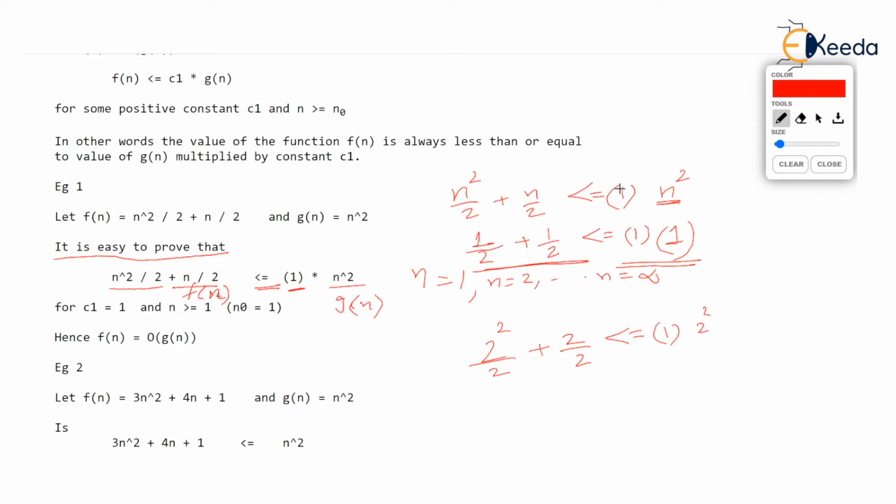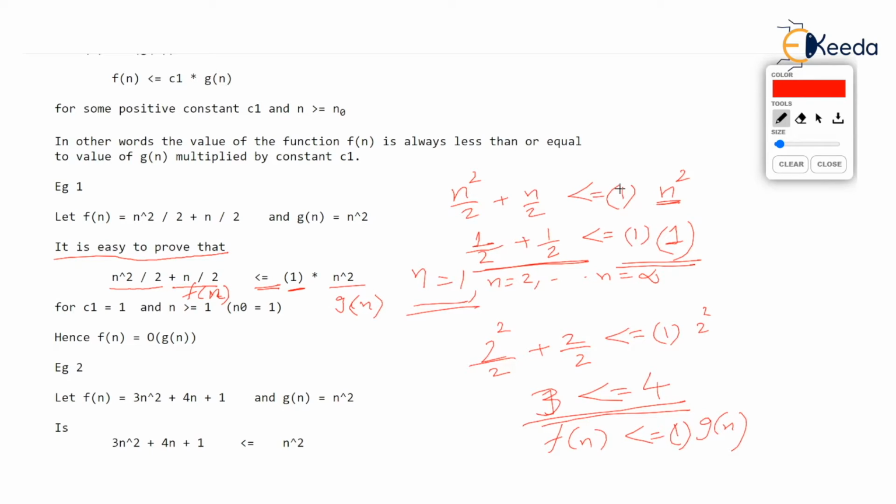Is it less than or equal to 1 into 2 square, which is 4, which is true. So Fn, the left hand side, is less than or equal to 1 into Gn. Constant is 1. And it is true now up to infinity from n equal to 1, isn't it? In fact, it is true for n equal to 0 also, you observe.